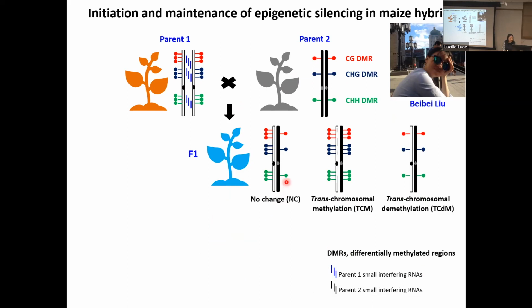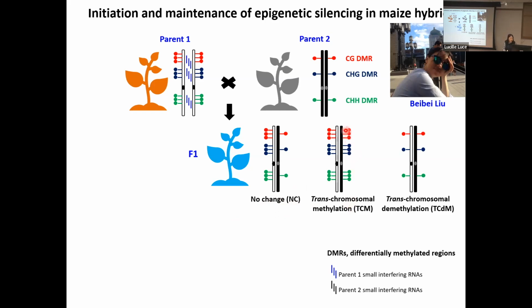So we propose three different models. For example, in the first one, the methylation does not change. You can see allele 1 inherits methylation from parent 1, and allele 2 inherits no methylation from parent 2. So we call this no change. But there are many situations where these two chromosomes can interact with each other.